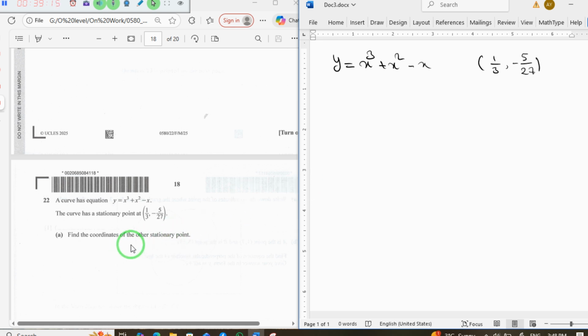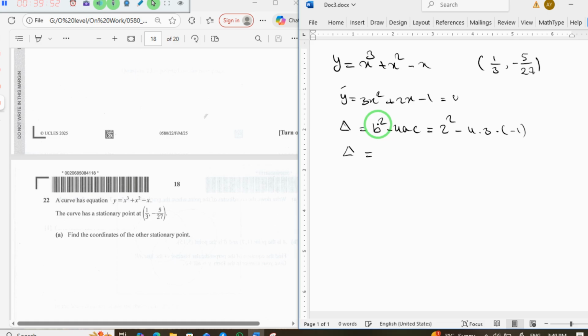To find the coordinates of the other stationary point, we use the derivative. We have 3x squared plus 2x minus 1 equal to 0. Then we solve this equation. We calculate delta equal to b squared minus 4ac, where a is 3, b is 2, and c is minus 1.